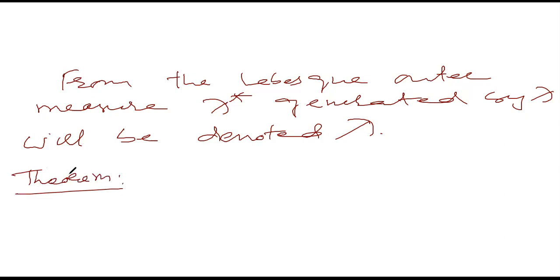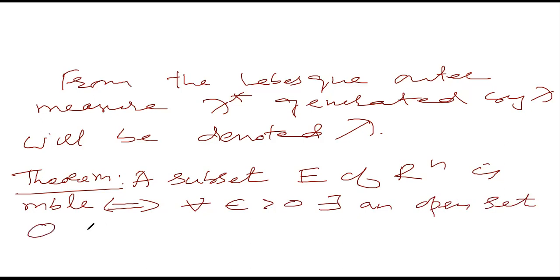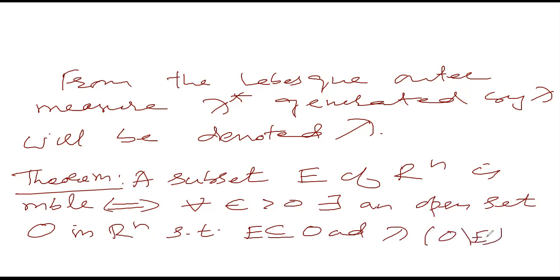A subset E of Rn is measurable if and only if for all epsilon positive, there exists an open set O in Rn such that E is a subset of O, so O covers E, and the Lebesgue measure of the difference O minus E is less than epsilon.